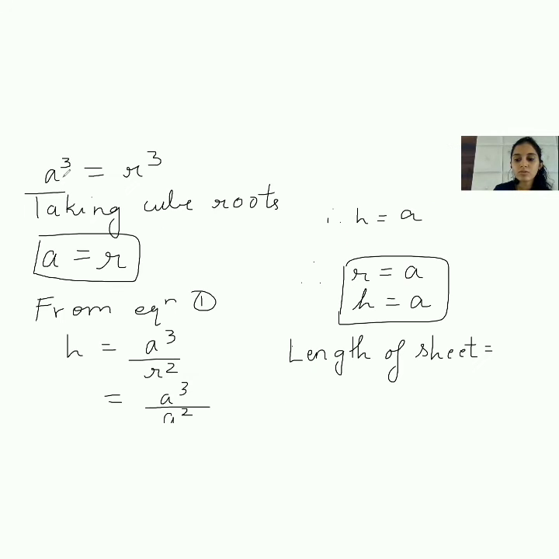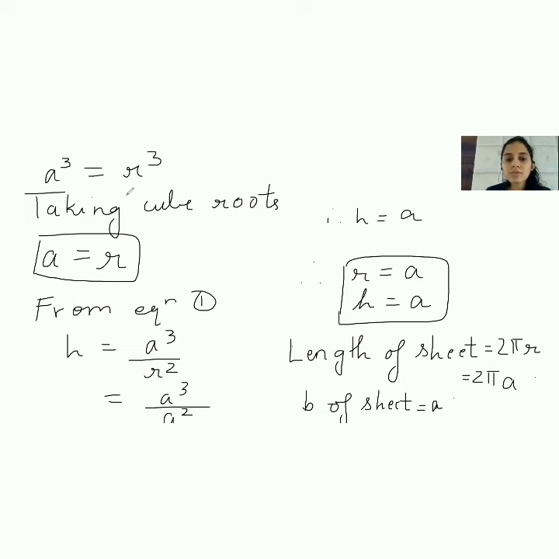So 2 pi r, which is 2 pi, and what is the value of r? That is a. And what is the breadth of the sheet equal to? It is equal to the height, so which is equal to a.